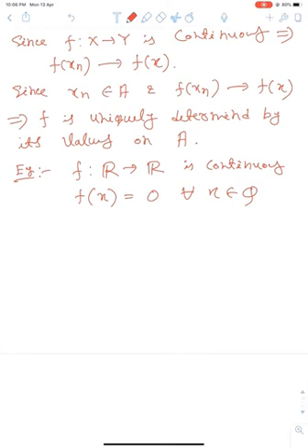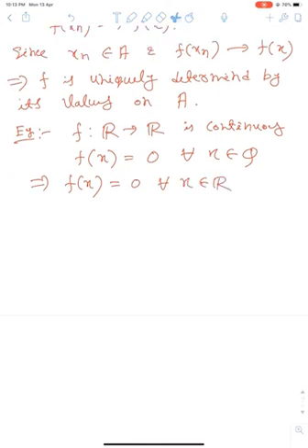That implies f of x equals 0 for all x belonging to R. That means f is the identically 0 function.